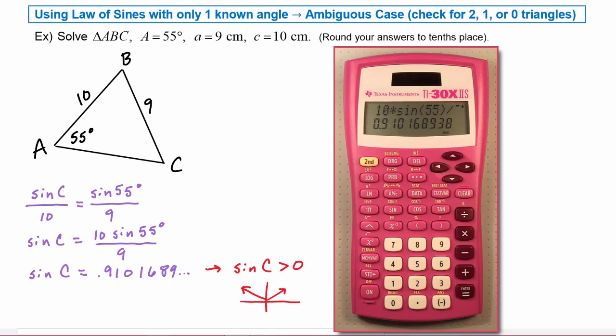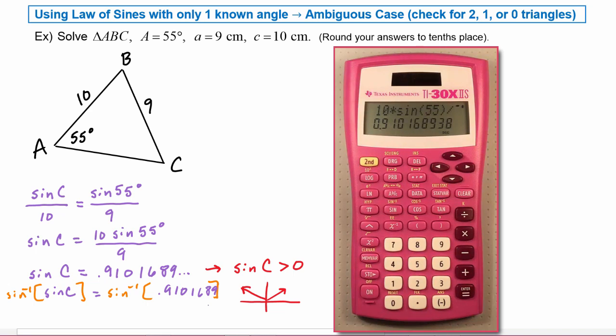Now let's use our calculators to find out what this angle is. So on the left-hand side, of course, we will take the sine inverse of the sine of C. On the right-hand side, we will have to do the same thing. So we know we are taking the sine inverse of this number, 0.9101689.